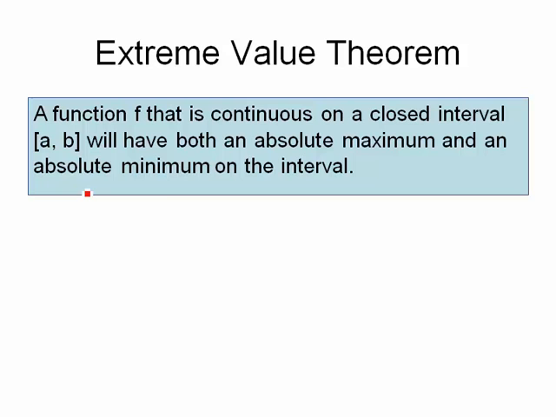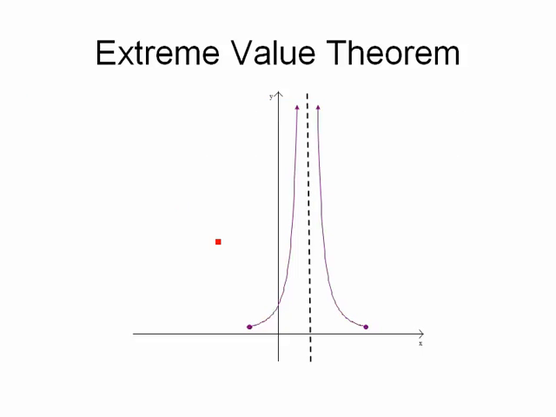If I did not have a closed interval or I did not have a continuous function, I wouldn't be guaranteed an extreme value. For instance, here's a function that's defined from an x value here to an x value there. Since it includes the endpoints, this is a closed interval, but it's discontinuous because it has a vertical asymptote.